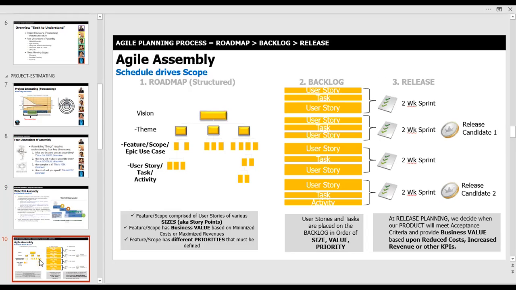You might set aside the first 2 weeks of an initial sprint, and you just call it increment 0, and that's your planning sprint. And in that planning sprint, you're going to go through and build a roadmap of all the things that you're going to want to build, your vision, your themes, your feature or scope or epic or use case, however your organization likes to describe this kind of scope work.